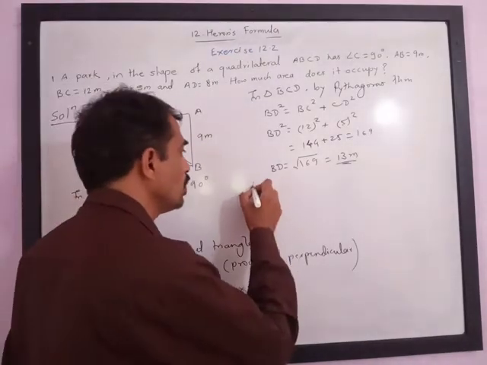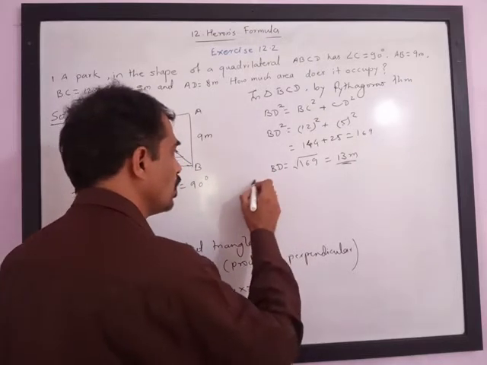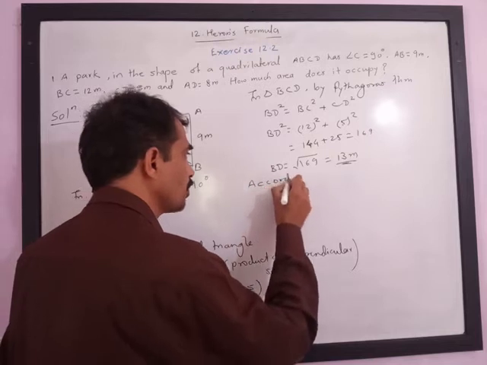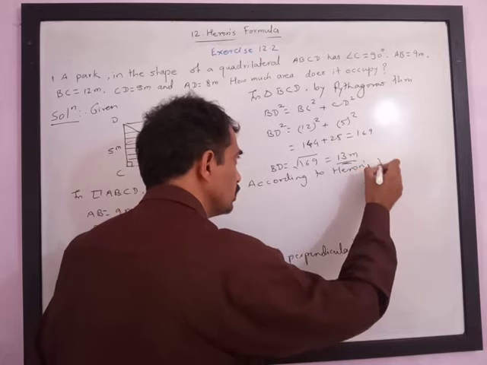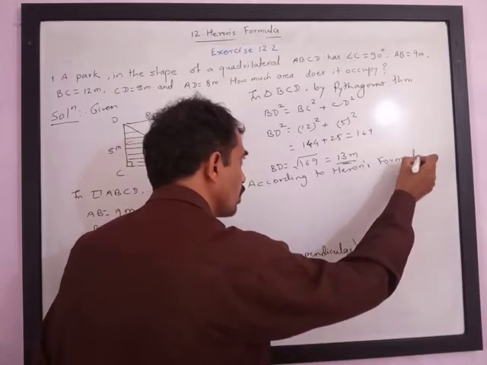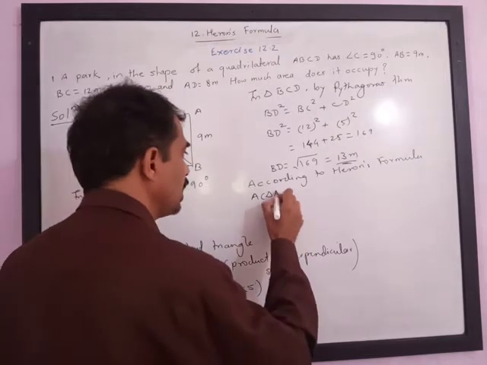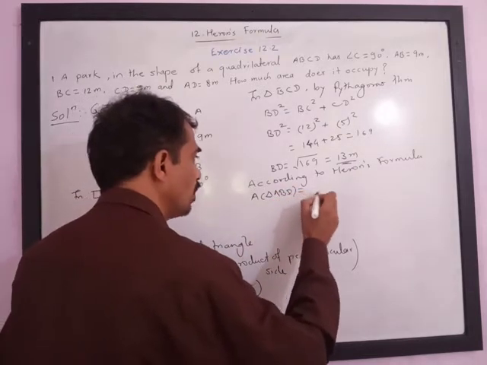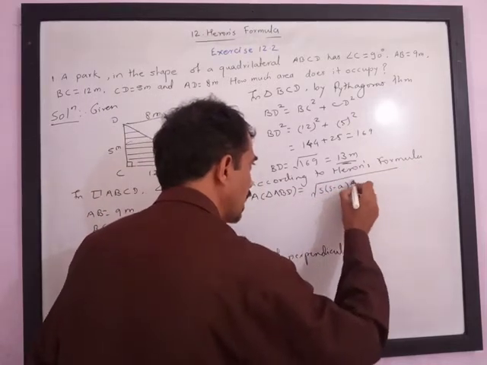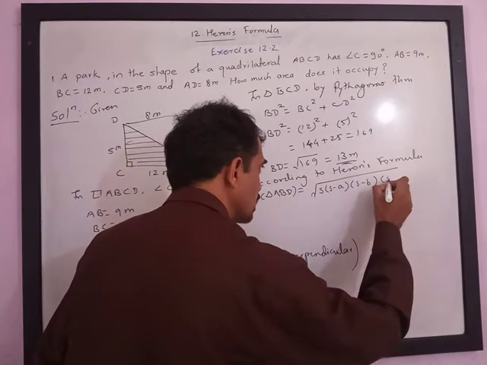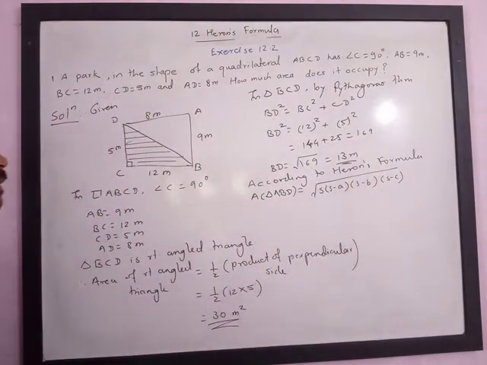For Heron's formula we will need the semi-perimeter. So according to Heron's formula, area of triangle ABD is equal to under root S in bracket S minus A in bracket S minus B in bracket S minus C, where A, B, C are the sides of the triangle and S is the semi-perimeter of the triangle.